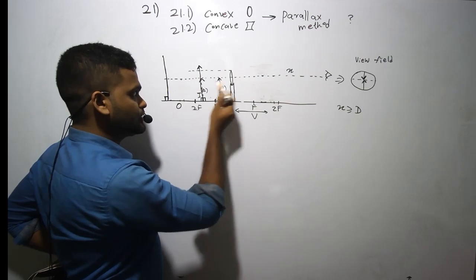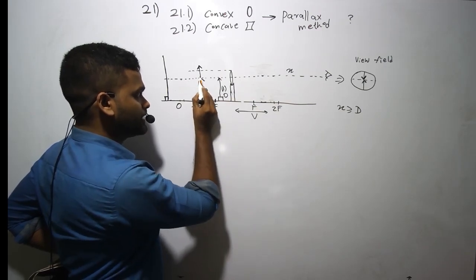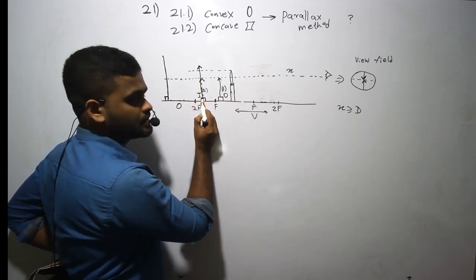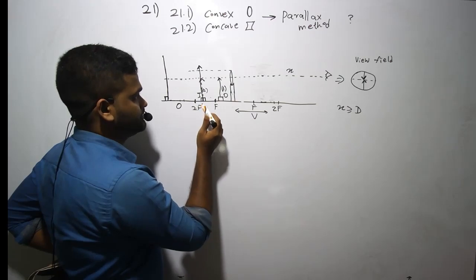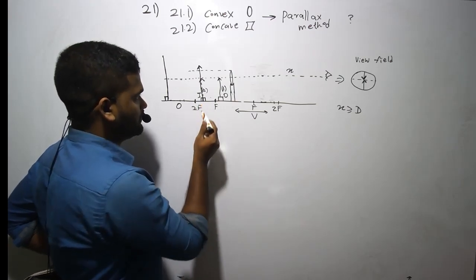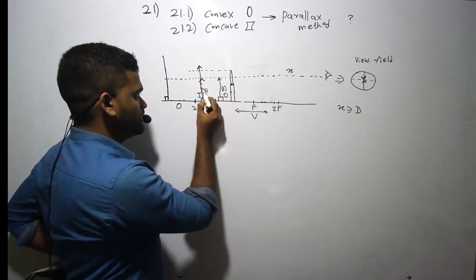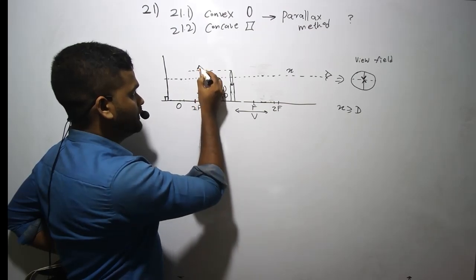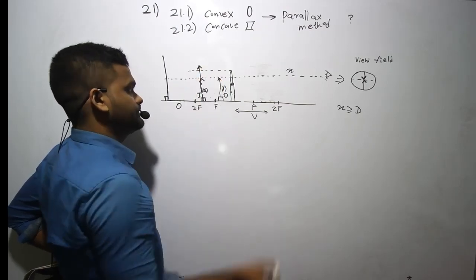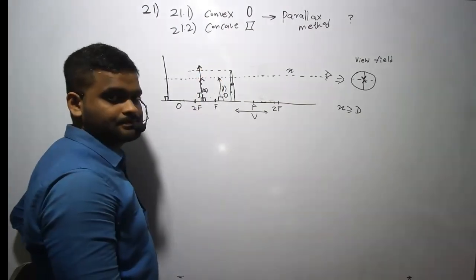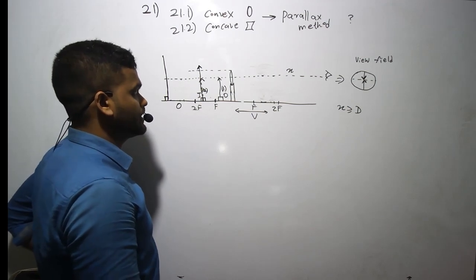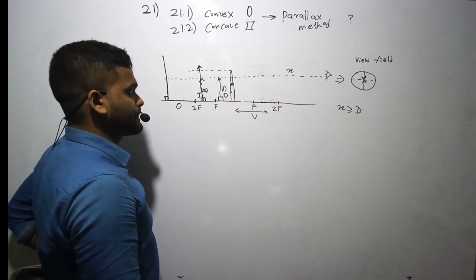Because through the lens you cannot see the image of this one, right? You will understand why that is. Right. So you place it like this. Okay.